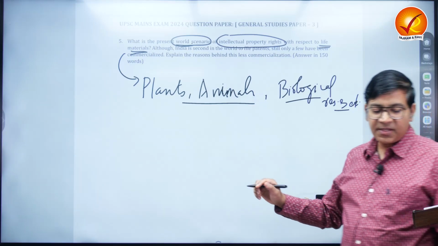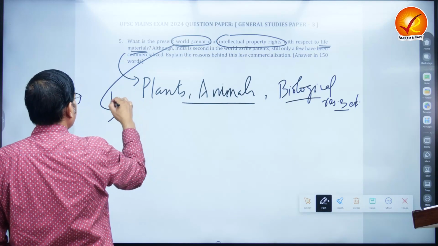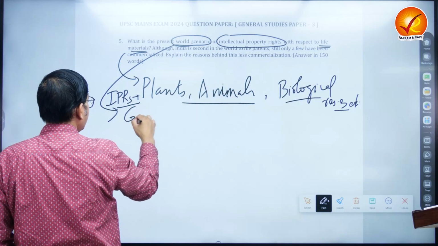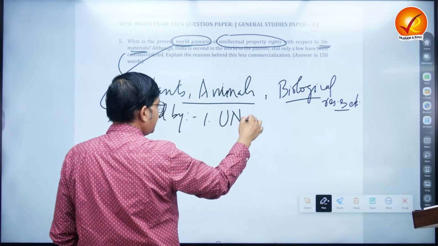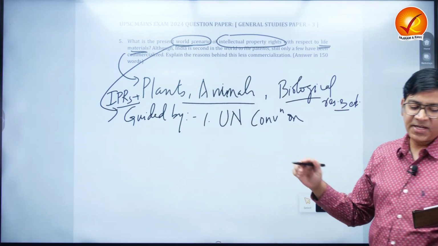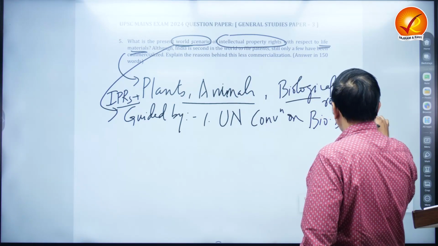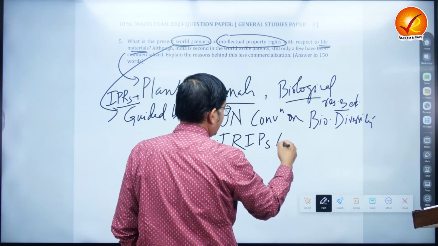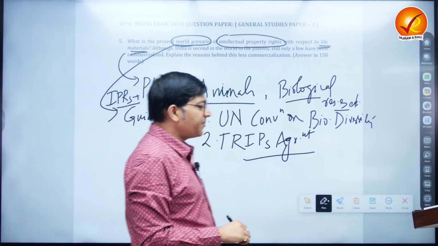One is the UN Convention on the biodiversity, biological diversity, and second is the TRIPS agreement of WTO. Plants, animals, biological resources are guided by these. In fact, in the last decade, there is a link between them that is also coming in over here.